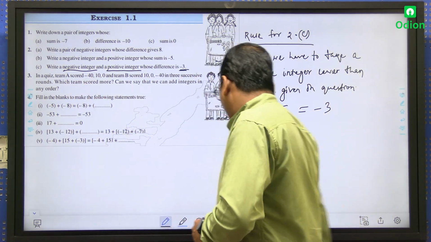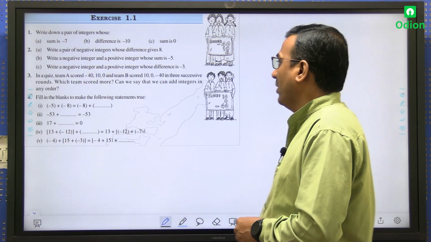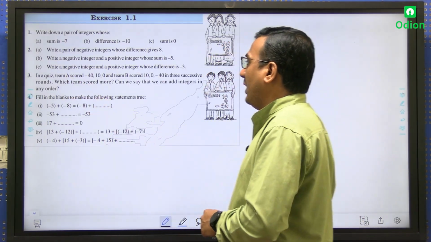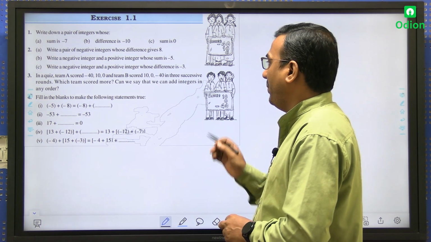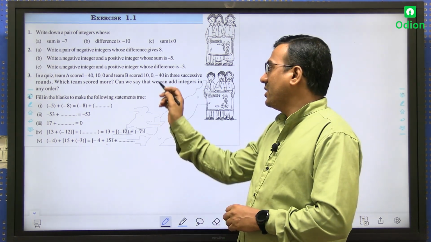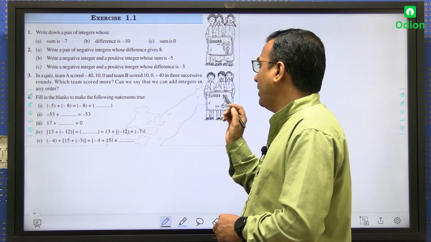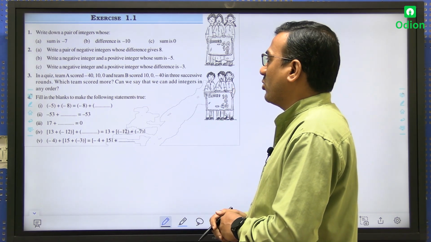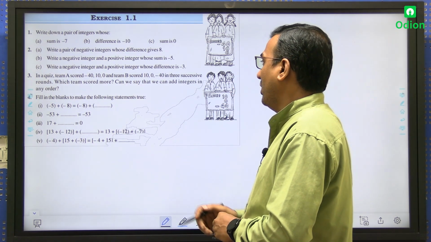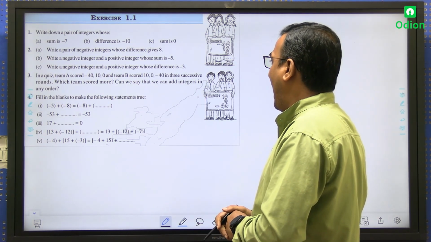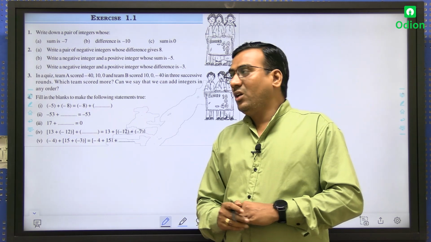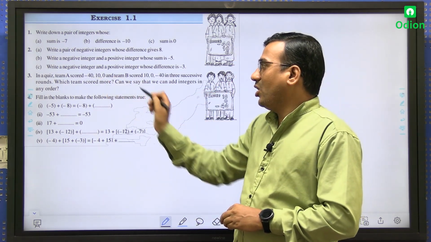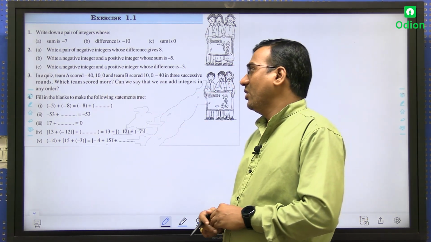In a quiz, team A scored minus 40, 10, 0 and team B scored 10, 0, minus 40 in 3 successive rounds. Which team scored more? Can we say that we can add integers in any order? First, we have to add all these numbers of the different teams.